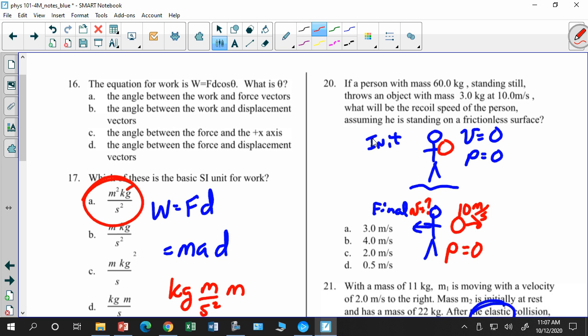So I say p_i is equal to p_f. 0 equals the mass of the person, 60 times v_f, plus the mass of the ball, which is 3 times 10.